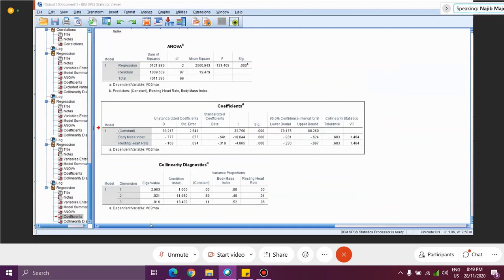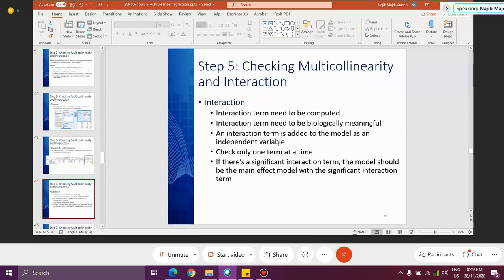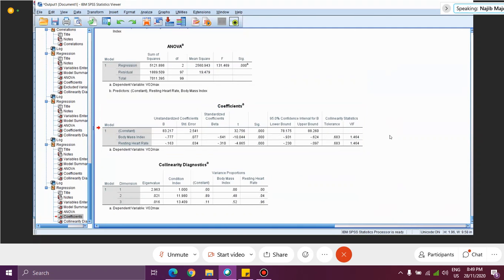So you don't have to check each of the interaction terms, right? And the interaction term is added to the model as an independent variable, one at a time. If there's a significant interaction term, the model should be the main effect model with the significant interaction term. It means that the interaction term needs to be included in your model, right?